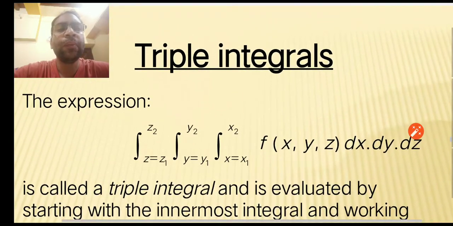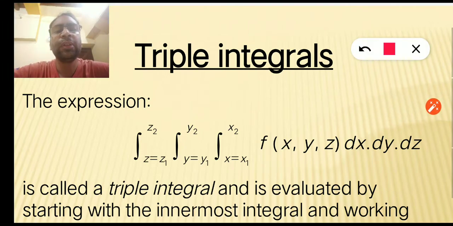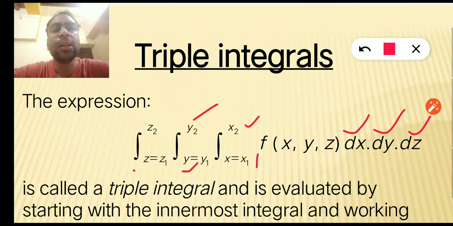In the same way, whenever we are considering all three dimensions, instead of a double integral we will use a triple integral where dx, dy, and dz are all included, and for that purpose we must have the lower and upper boundaries of x, of y, and of z.